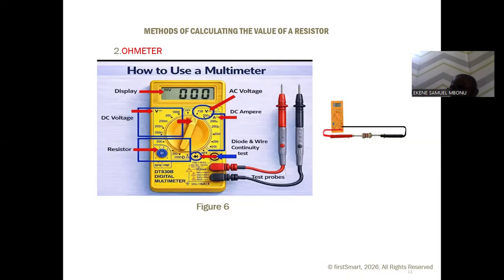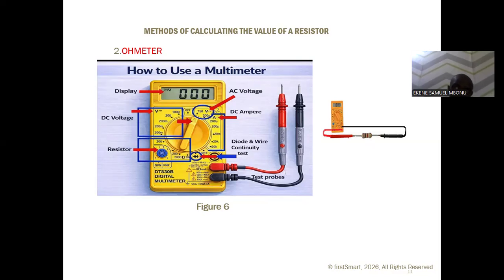If you measure, for example, you have a resistor, your meter is in the range of 200K, and you measure two terminals of the resistor, you are getting 2.14.